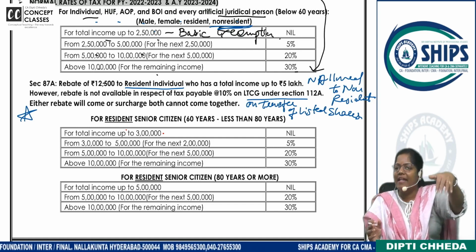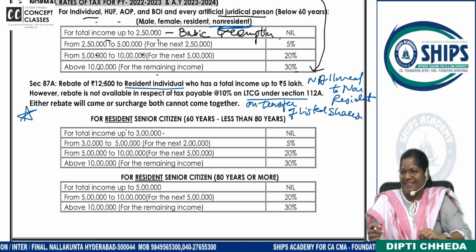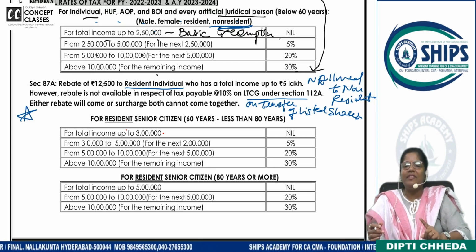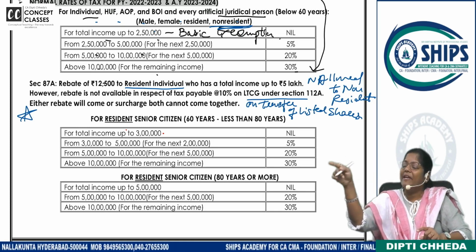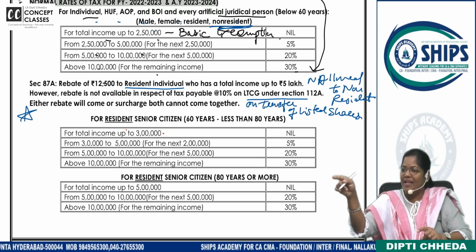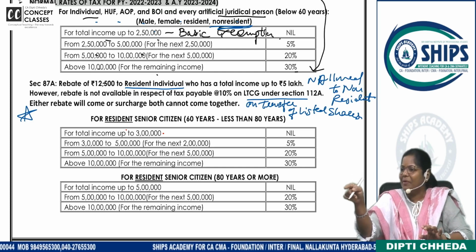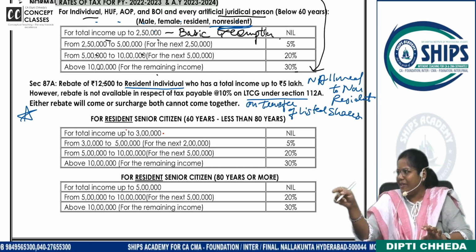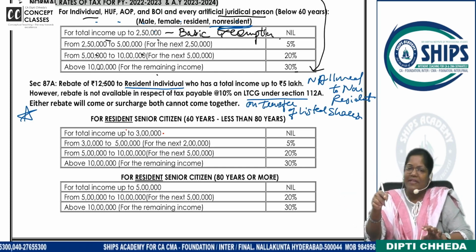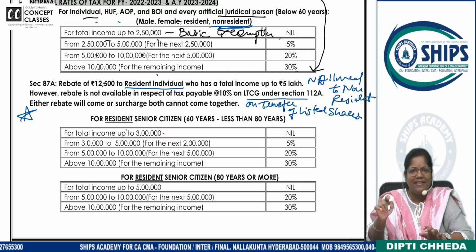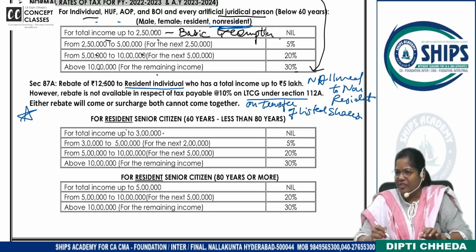It's your 60th happy birthday. And I told you, even if someone's 60th birthday falls on 1st April 2023, still it will be treated that he has completed 60 years and seniority benefit will be given.